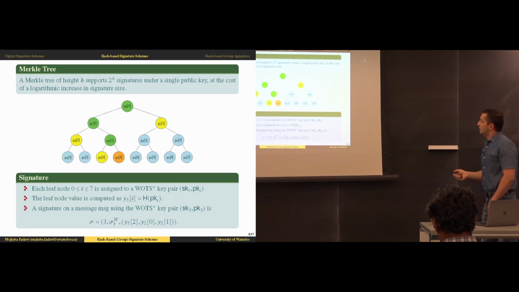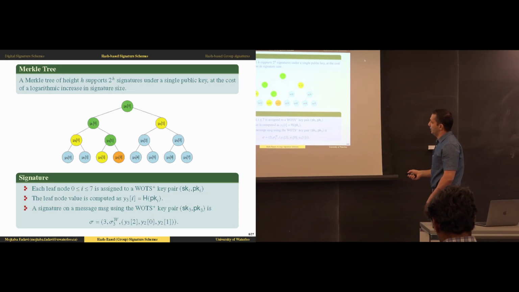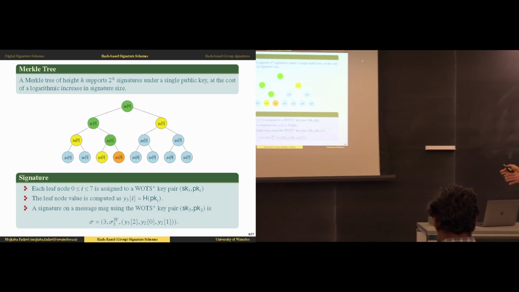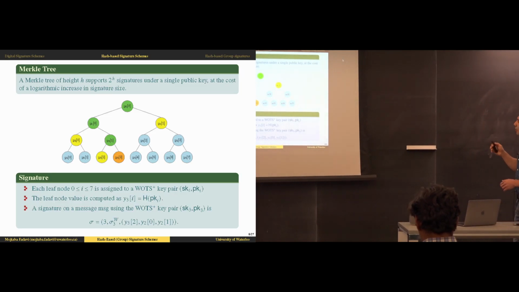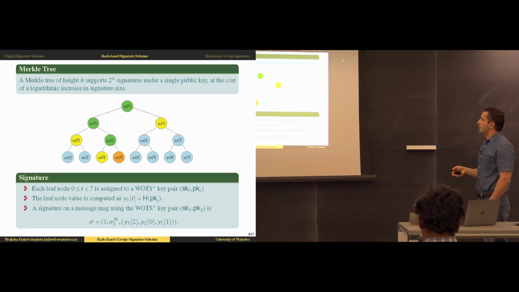So he can sign 8 messages per public key at the cost of adding an index and an authentication path. This index and authentication path doesn't affect the signature size too much. This is the idea behind Merkle trees, how Merkle trees help us to sign more messages using a one-time signature per public key.